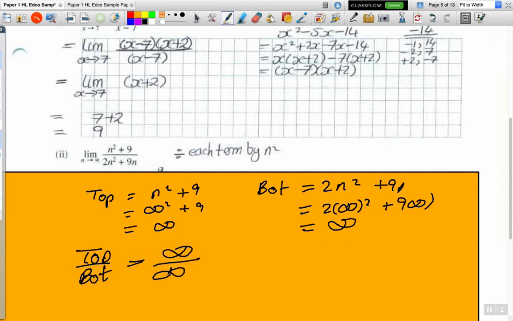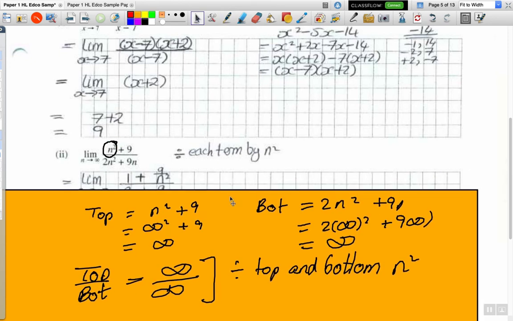It's complete rubbish, and you've got to learn that the method for this is divide by the highest power of your variable. In this case the variable is n, so you're dividing top and bottom by the highest power of n, which of course in this case is n squared.